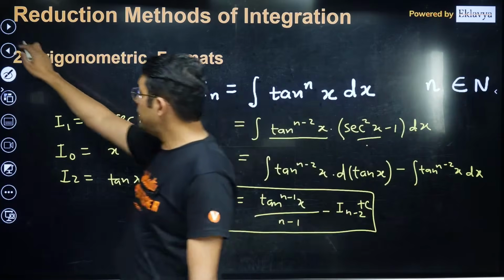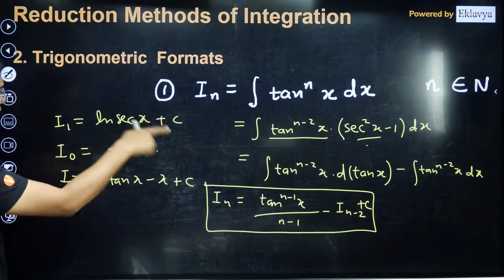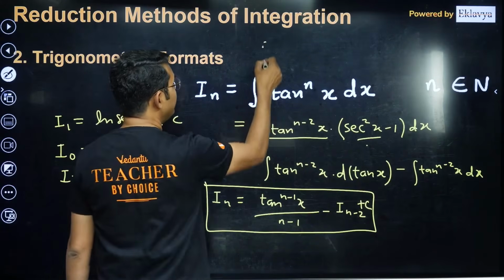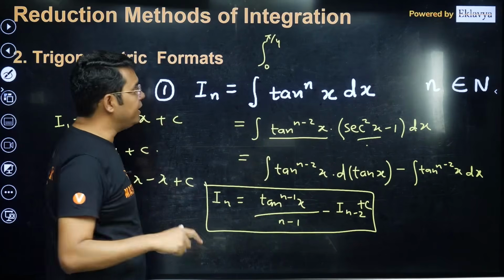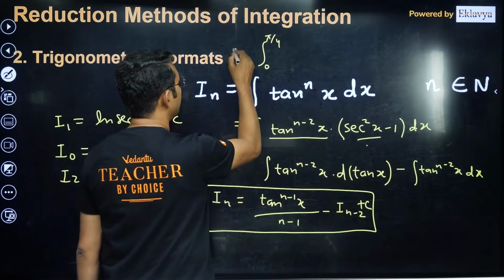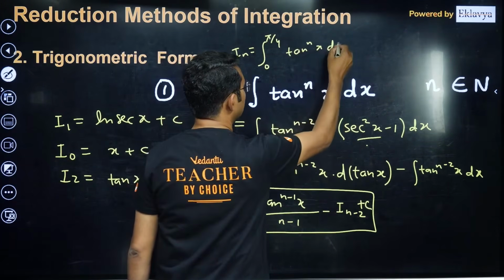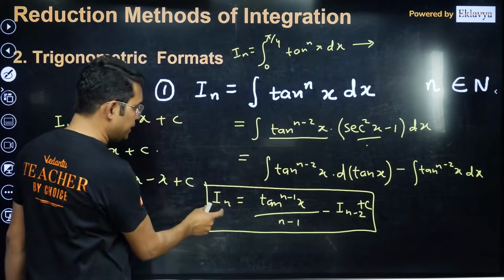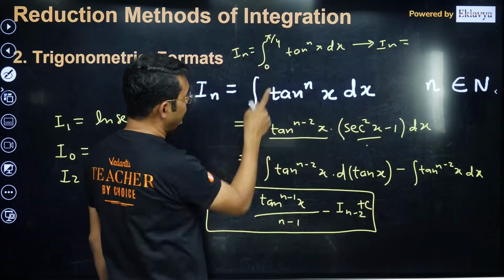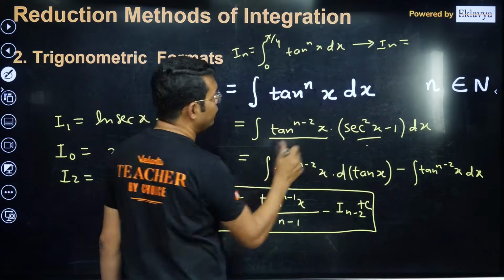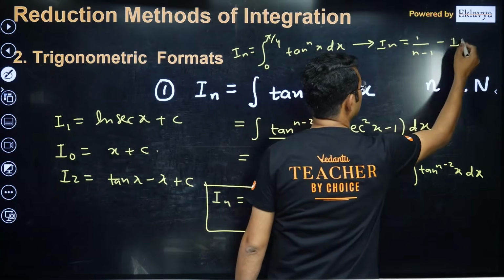Now there is one more thing to this question: if you are given this integral with limits 0 to pi by 4, suppose this is In is equal to the integral of tan nx dx, as a definite integration where limits are given like this. In this case, because we will be putting pi by 4 here, the relation of In will become 1 upon n minus 1 minus I n minus 2.